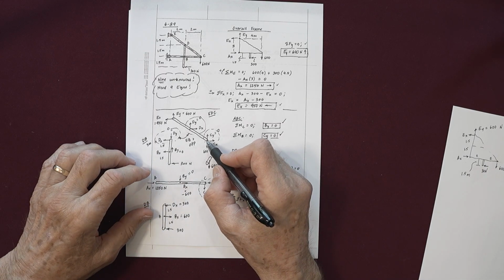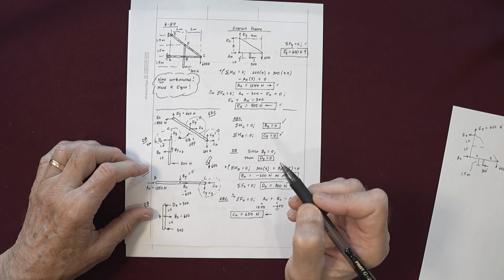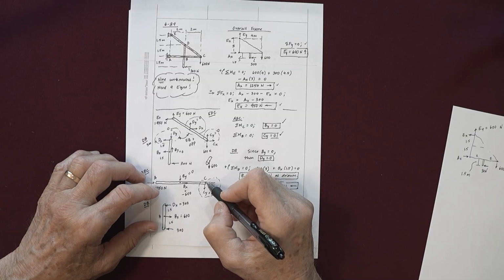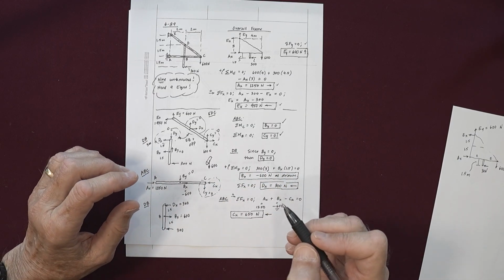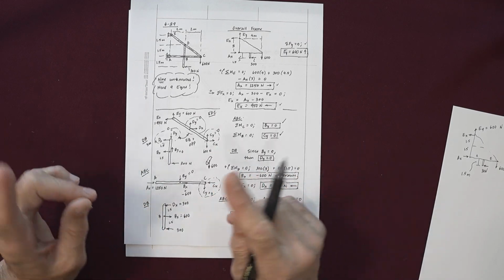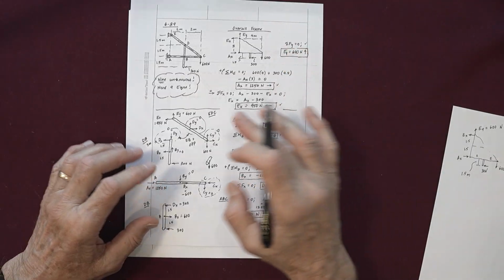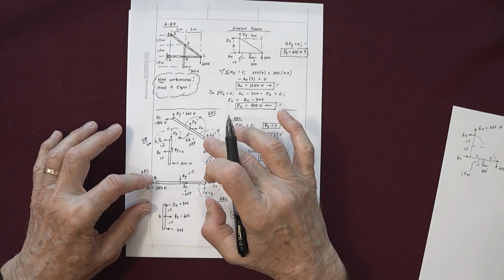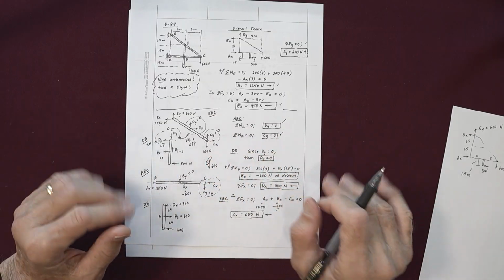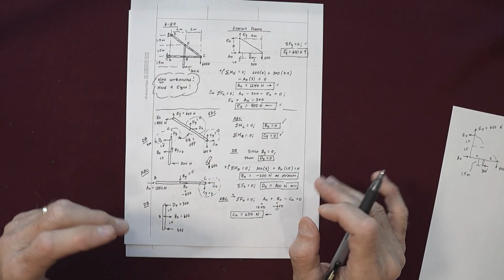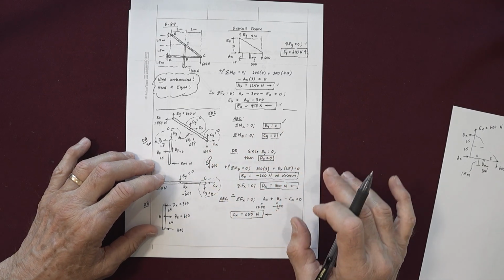By leaving the 600 here basically means I left the pin in this member. If I put the 600 here, then that would be that I left the pin in this member and not in this guy. So you can do it. First of all, again, for the overall frame, the 600 has to be there. Once you take it apart, leave the pin in this member or leave the pin in this member. And the problem works exactly the same way. But physically, that's what you're doing, is you have the issue with the pin there.